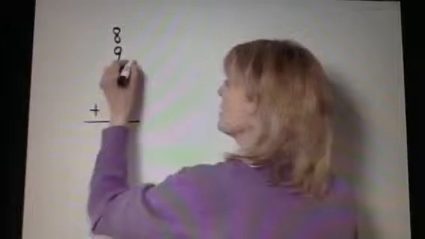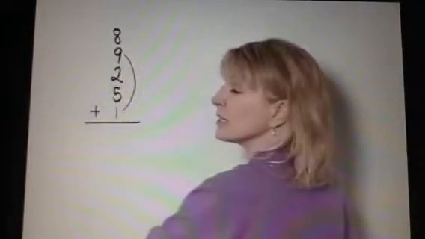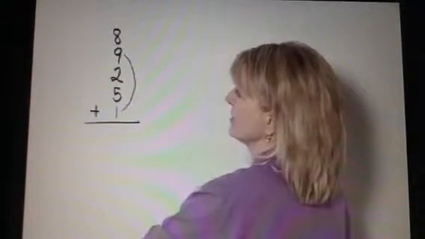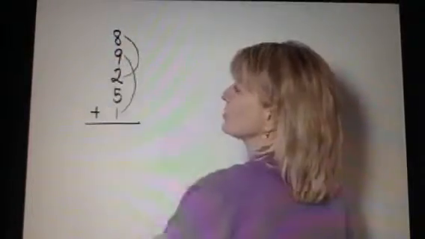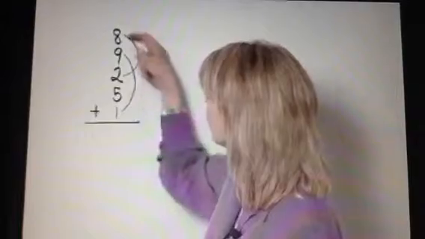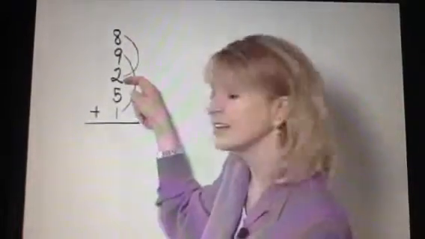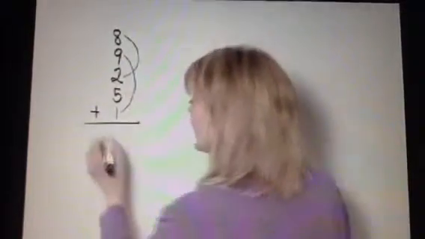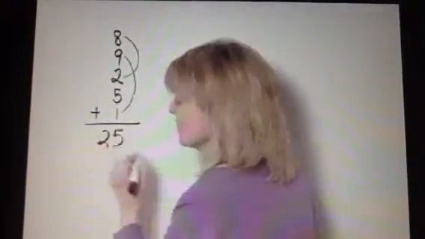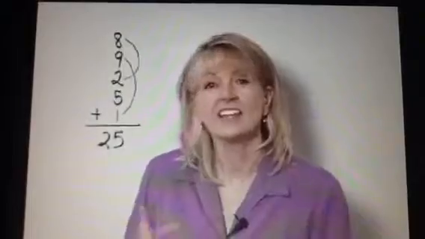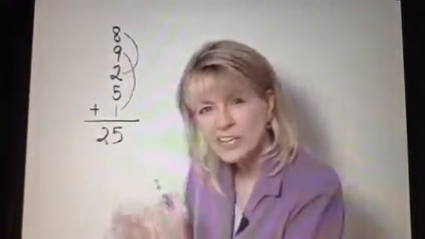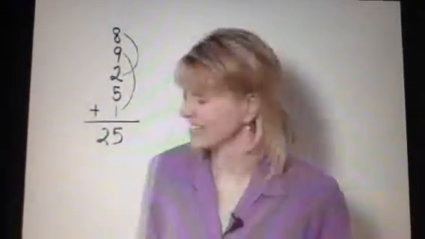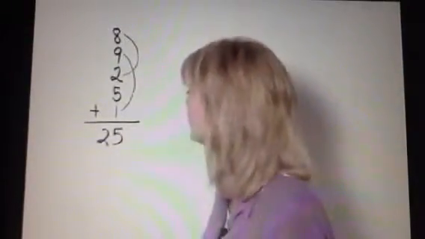In other words, I know 9 plus 1 is 10. I know 8 plus 2 is 10. So that's 20. And then adding 5 to that, I know this sum is 25. And I can find it faster by regrouping and reordering.